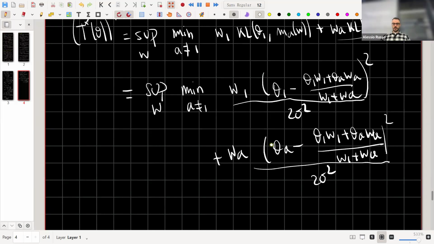So let's look at the first term. Here we can multiply theta 1 by W1 plus WA. So theta 1 W1 will cancel out with this theta 1 W1. We are left with theta 1 WA plus theta A WA. So basically we are left with theta 1 minus theta A squared times WA squared. And here we can do the same.